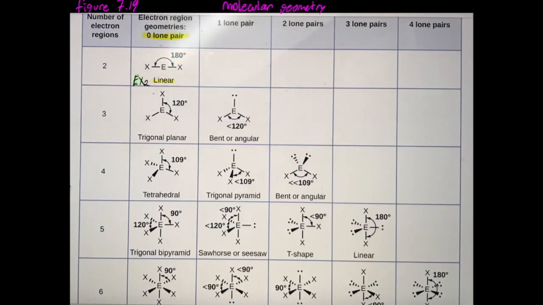We talked about trigonal planar, EX3, and tetrahedral, EX4. We talked about trigonal bipyramid, EX5. And this one here with 6 groups is EX6, but it's called octahedral. I know 8 means oct, but it's because of the faces.